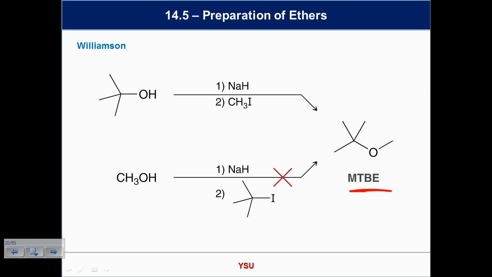So in this case, we're doing the same thing, deprotonating from there, and then we're adding that. At the bottom, we can deprotonate, but what's the problem with this? Why doesn't this work? It's tertiary, and what's that mean? It will give you elimination instead. It will not react through an SN2 because it's too crowded. It will not give you what you want. All right, so be careful. It's limited to sort of primary systems when you're attacking that electrophile.